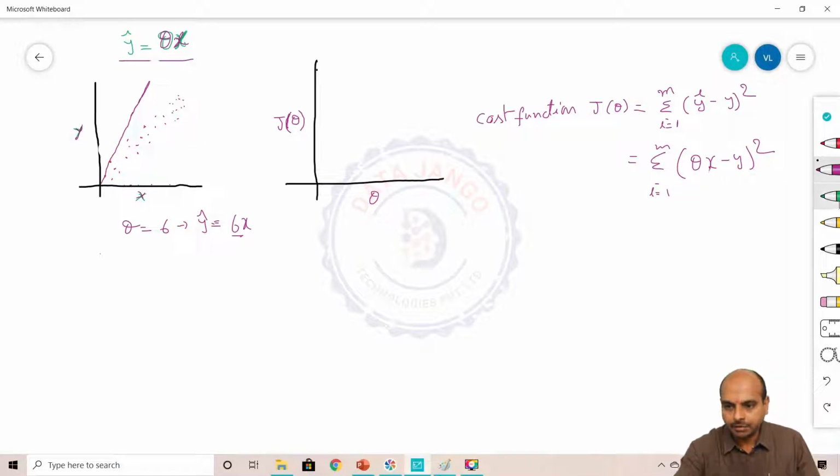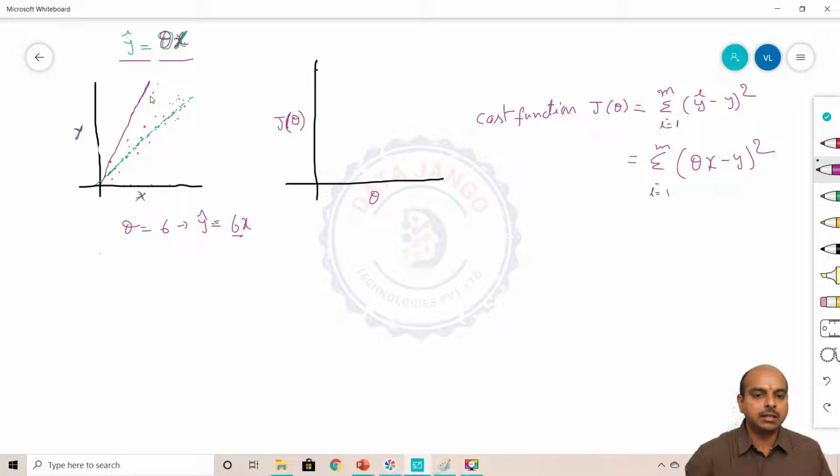What we need to find is the best fit line, the theta associated with this green line. To do that, the gradient descent algorithm will move this line like that, and then like that, and then like that.